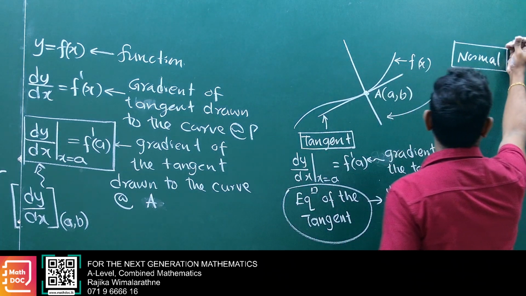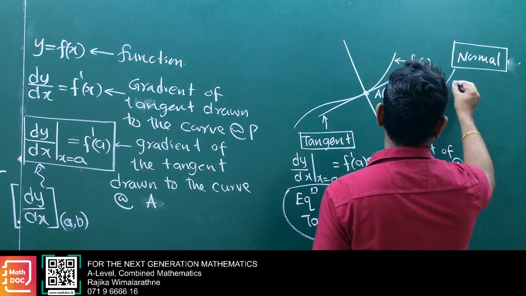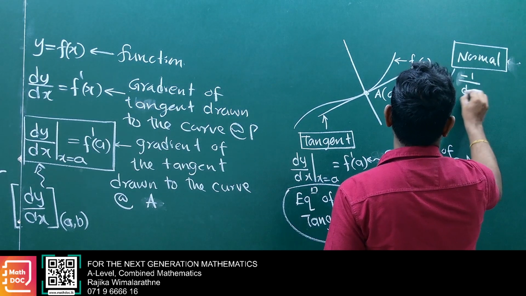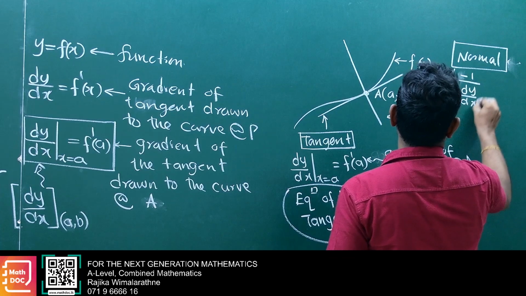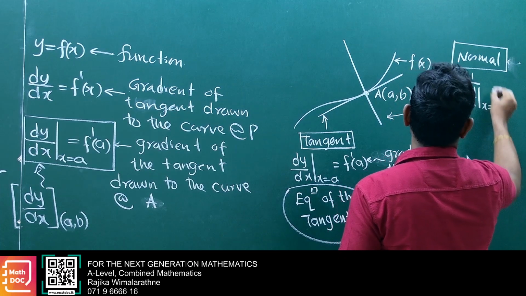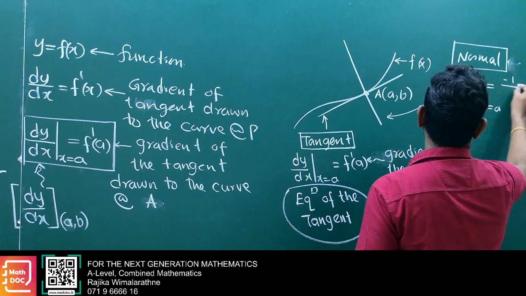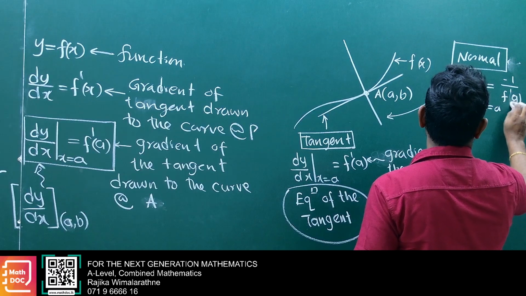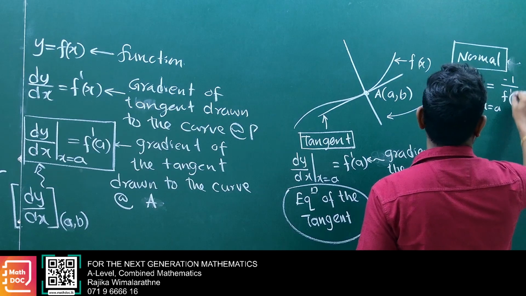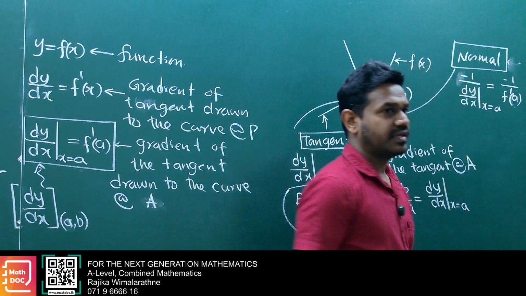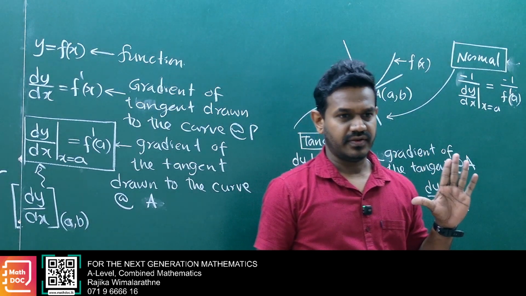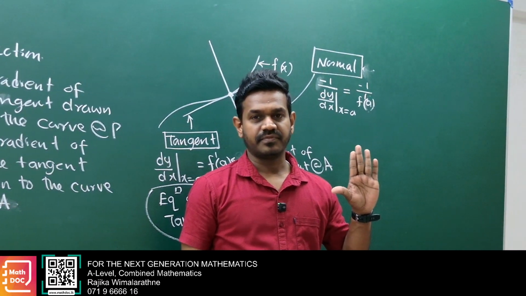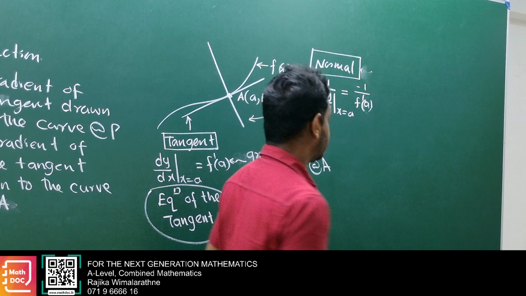Therefore the gradient of the normal is minus 1 over dy/dx at x = a, or otherwise minus 1 over f'(a). This is the gradient of the normal. With the previous notation you can take it like that.